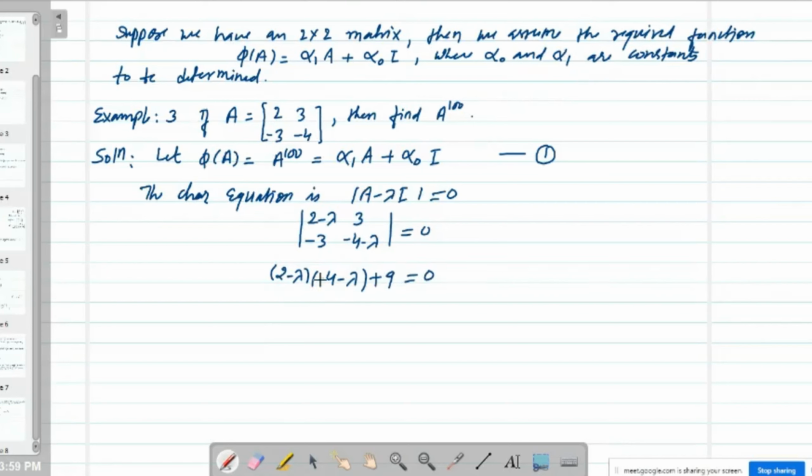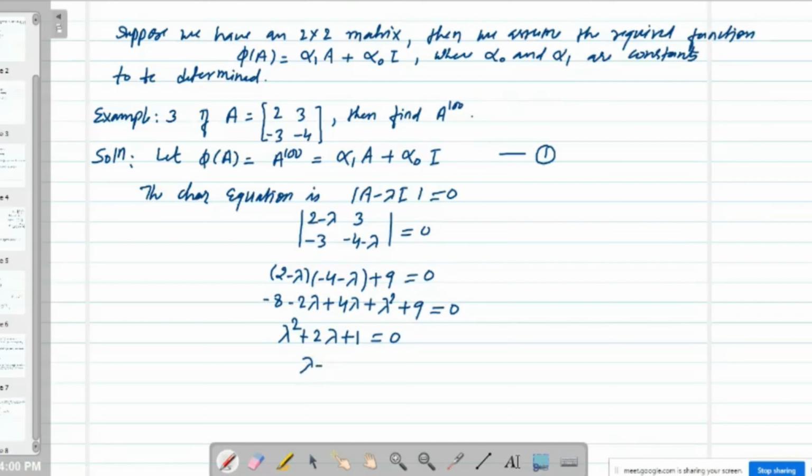So just multiply this. So 4 2 is 8, this is minus 8, minus 2 lambda, plus 4 lambda, then lambda square and plus 9, this equal to 0. So you will get lambda square, plus 2 lambda, 9 minus 8 how much? Plus 1, and this equal to 0.